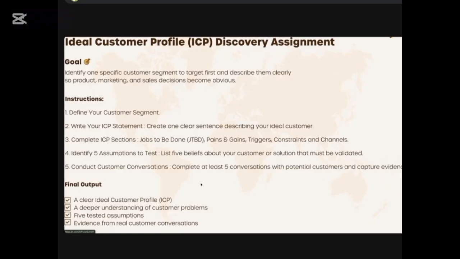They need to have these problems, and you need to see how you can create value. Only then can you retain the customer, because if you sell something to somebody who doesn't need it out of panic, you will lose them. We want to retain them because we understand their problems and they can feel the value of our solution. Then five tested assumptions, with evidence from real customer conversations. This is the goal of this day one training.